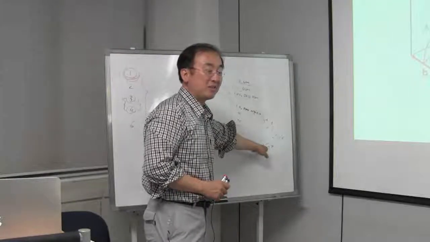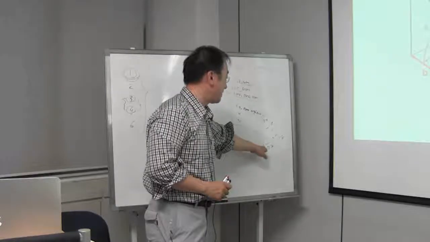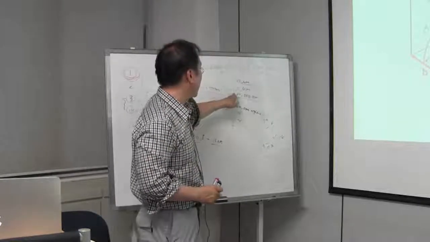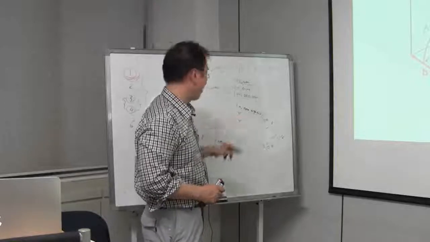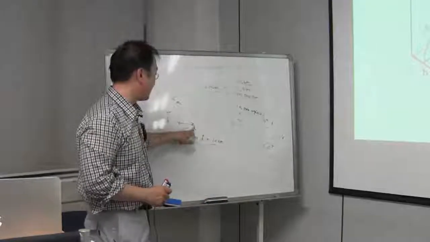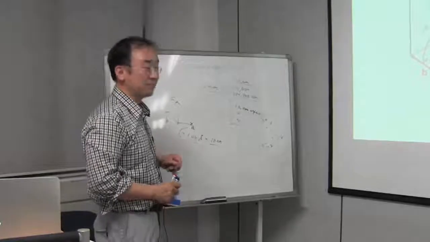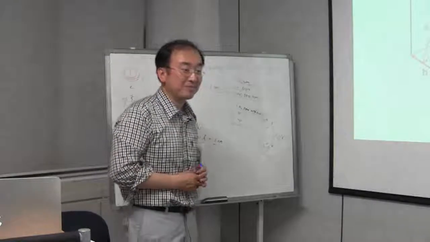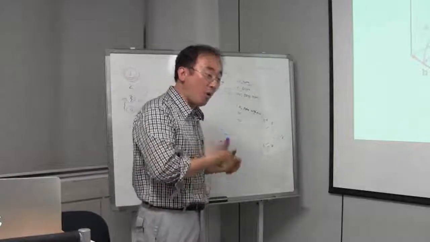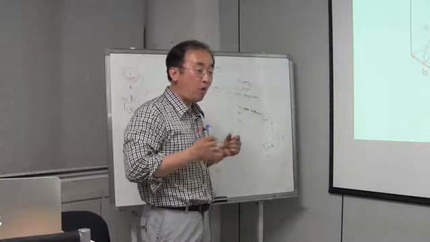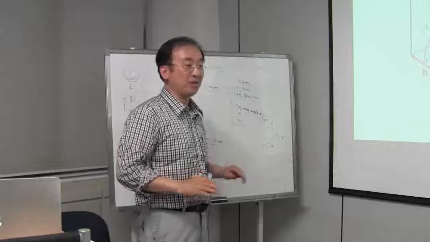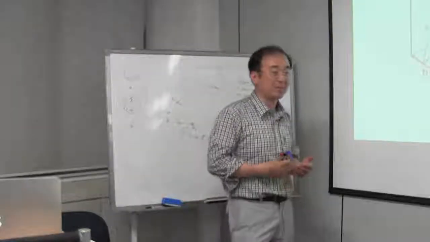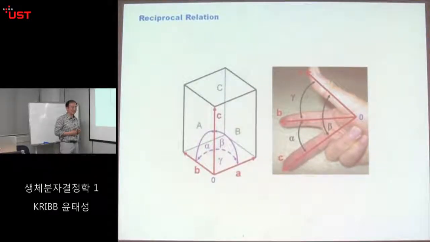What relations do we have with these billion copies of molecules at the size of 10 micrometer, with unit cell length A equals 100 angstrom, ABC 100 angstrom? This is important as a cornerstone or baseline of your understanding of crystallography. So I'm spending time for you to grasp the idea behind this.